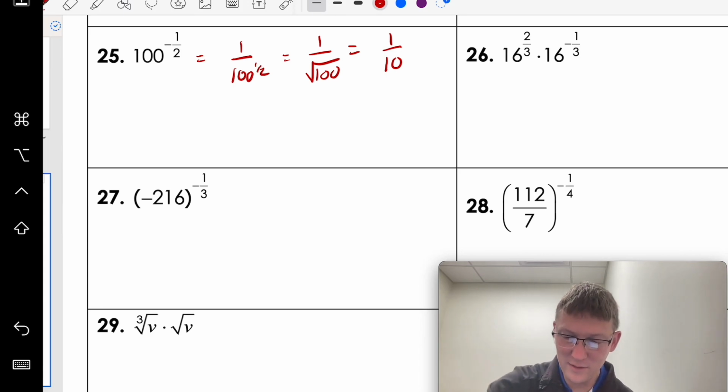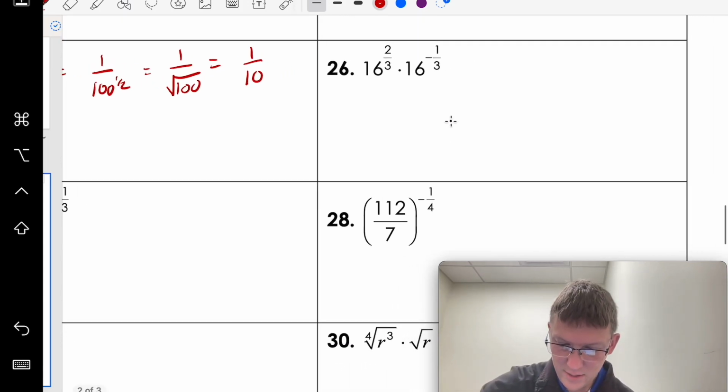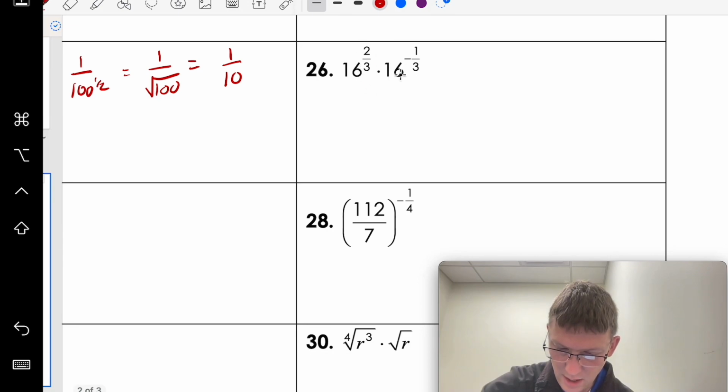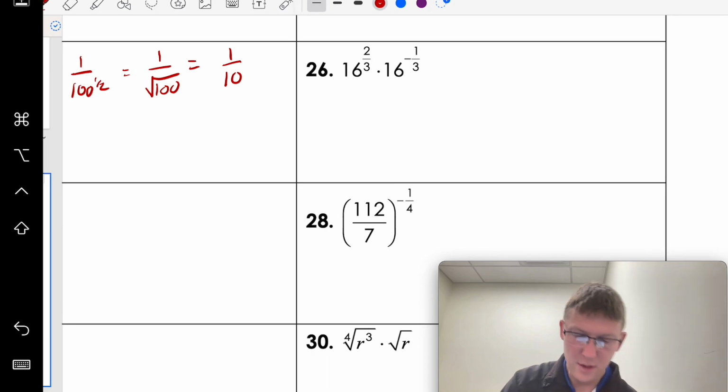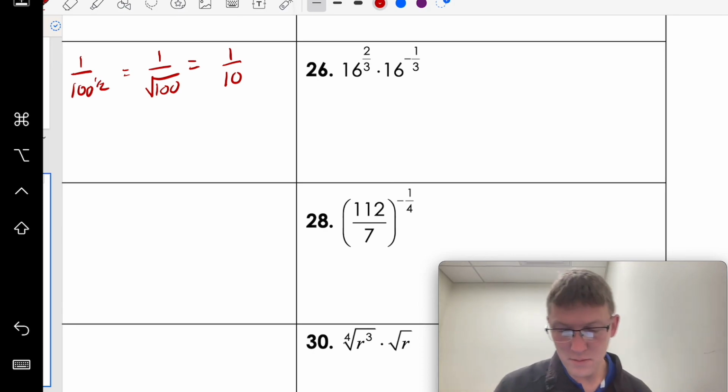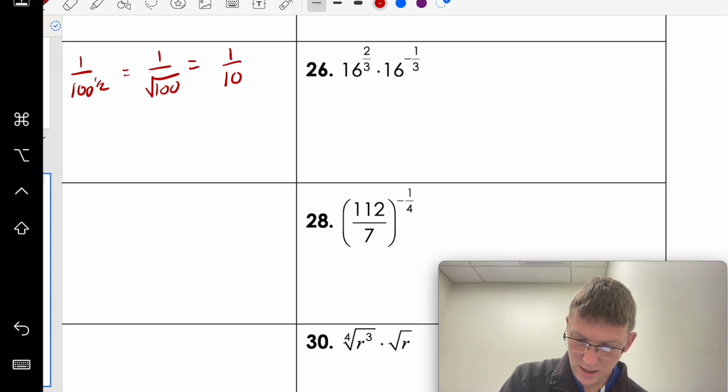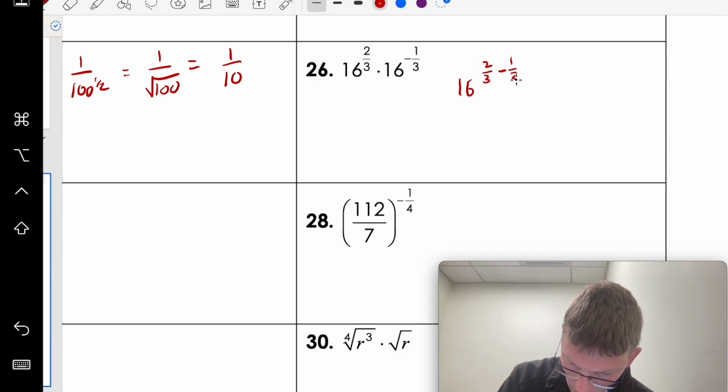So 26, we've got a product rule, and we've got a negative sign, but we're just going to follow the same procedure. So we're going to take our 16, and our answer is going to be 16 to the 2 over 3 minus 1 over 3.